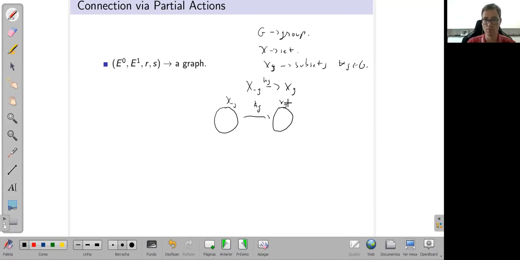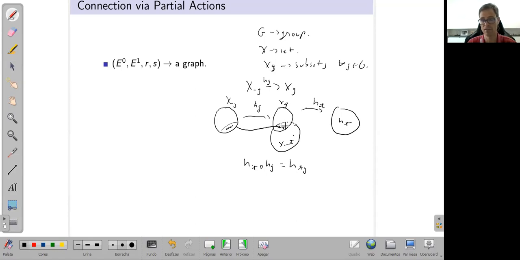I'm going to look at the domain of h_t, where this bijection is defined and goes to X_t. So I would like h_t composed with h_g to equal h_{tg}, where this makes sense. I have to look at the points in the domain of h_g that fall exactly in this intersection, so that I can compose.